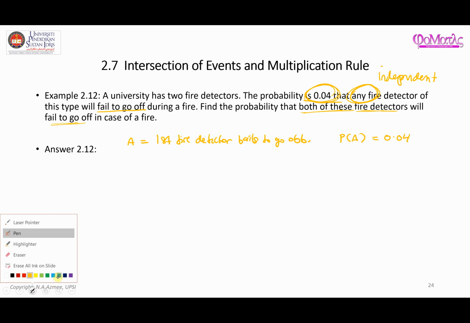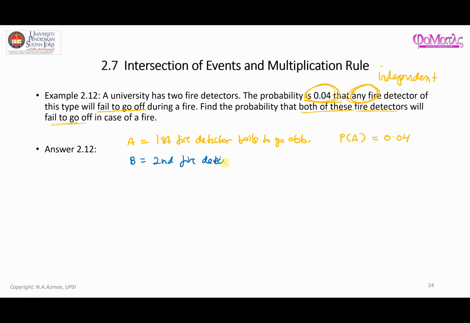Next, B is the event where the second fire detector fails to go off. It says any fire detector will fail to go off with probability 0.04, so the probability here is the same: 0.04.